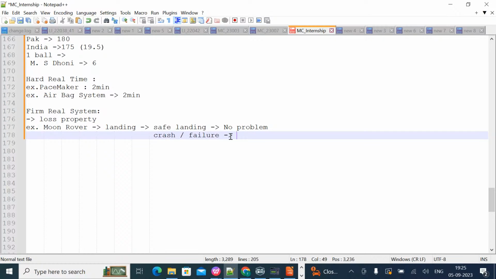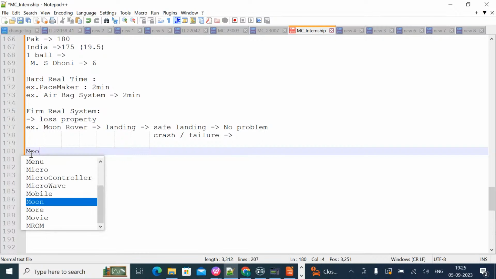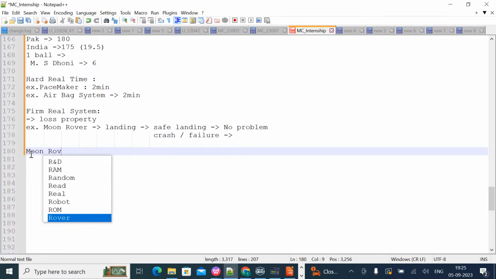Okay, so to make the difference a little clearer, let me take the example this way between the firm and hard real-time system. Let's say a moon rover is there, but this time we are sending a human in that rover. The human is also going to the moon in that rover.